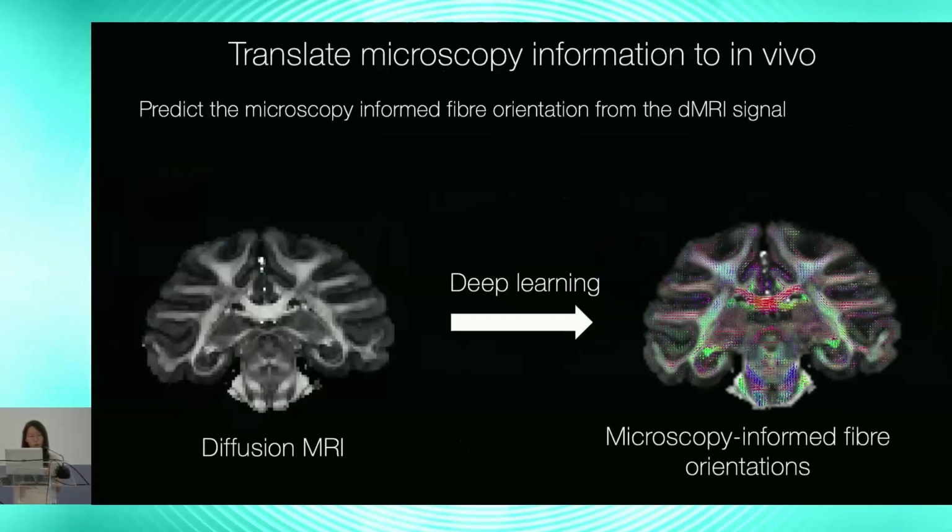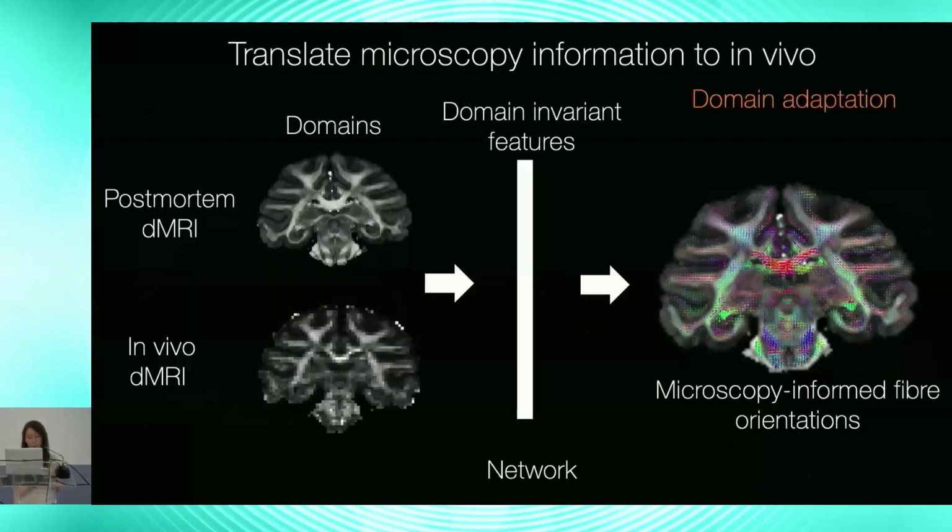And we are going to use a deep learning method to solve this. So the network will learn the microscopy-informed fiber orientations from diffusion MRI signals. And these microscopy-informed orientations here are the hybrid orientations we just talked about. In our task, we want to make this network work for both the postmortem diffusion and in vivo diffusion.